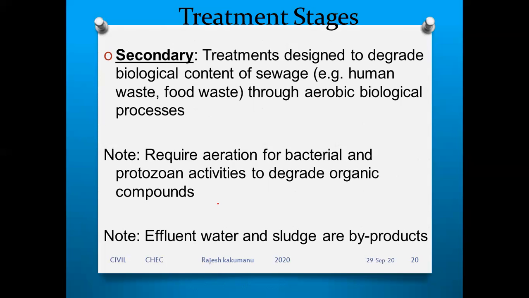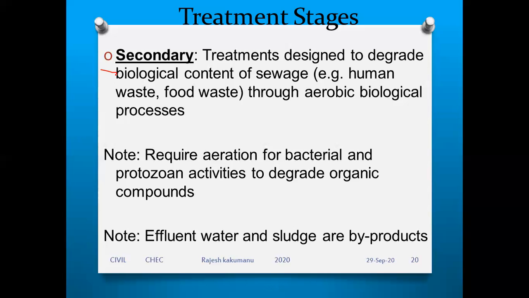So here the biological content of sewage, that is nothing but human waste, food waste, etc., is degraded through various aerobic biological treatment processes that are done in the secondary step. Next, it requires aeration for bacterial and protozoan activities to degrade the organic compounds. So the secondary treatment is also removing the bacteria; it requires aeration for bacterial and protozoan activities to degrade the organic compounds.